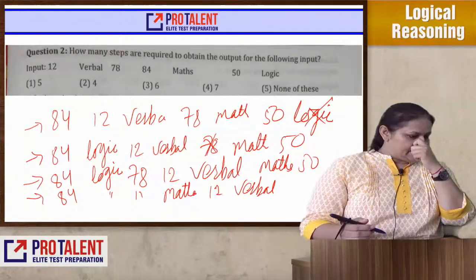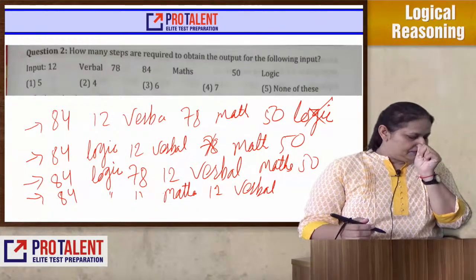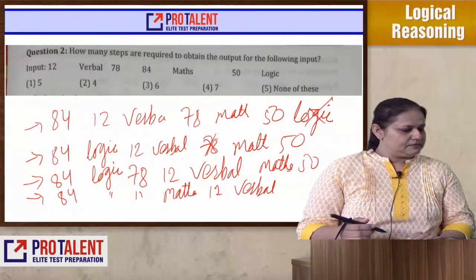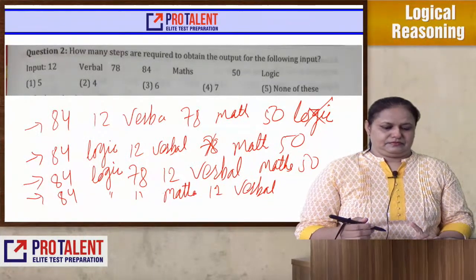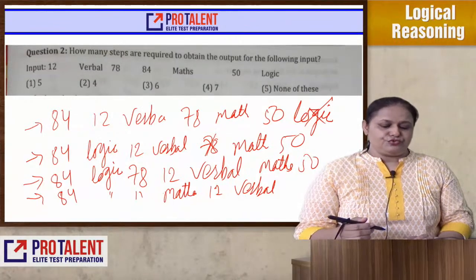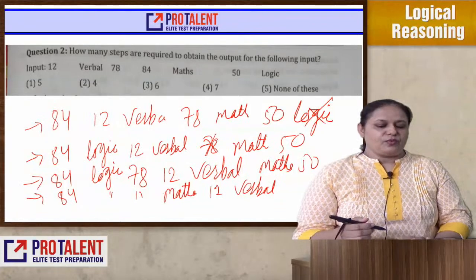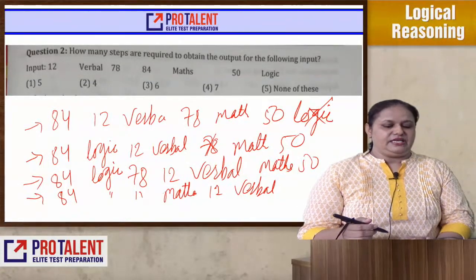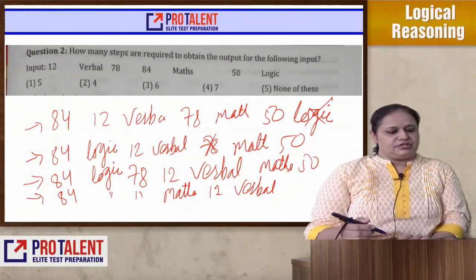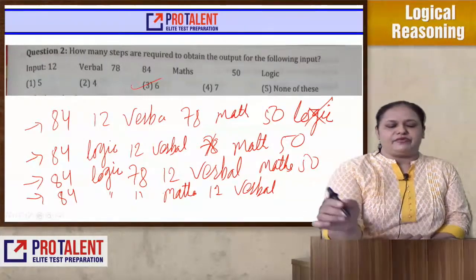So what would be the answer? How many steps? 1, 2, 3, 4, 5 or 6? Option 1 or option 3? Yes, question number 2, the answer is 3. You will require one more step.